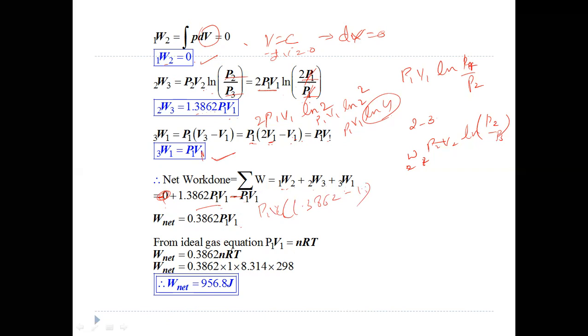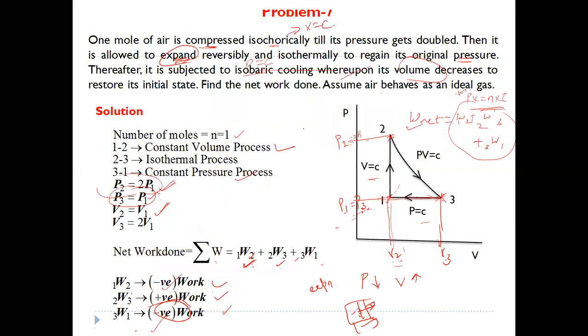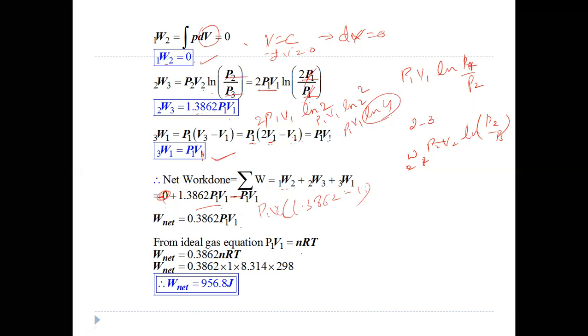In the question, they asked us to assume that air behaves as an ideal gas. So for an ideal gas, P1 V1 is equal to nRT1, so P1 V1 here can be replaced with nRT. The number of moles is given as 1. The universal gas constant is 8.314 joule per mole Kelvin.